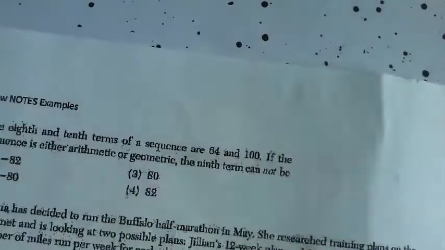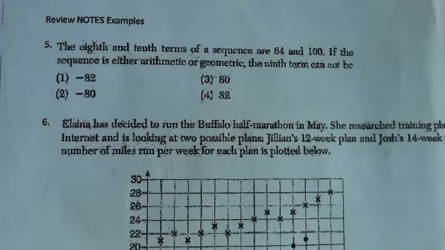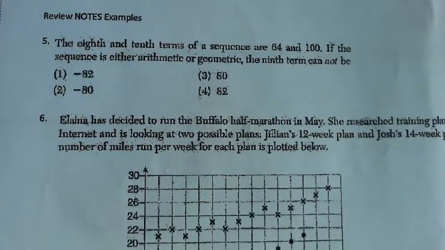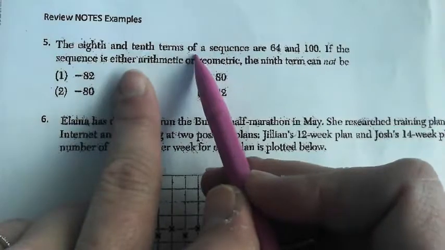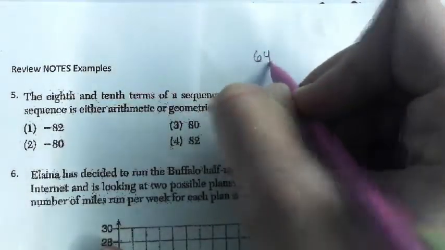All right, flip to the back. This one is a concept we've discussed, but not written this way. So they're giving us an 8th term and a 10th term of a sequence. So 64 is your 8th term.